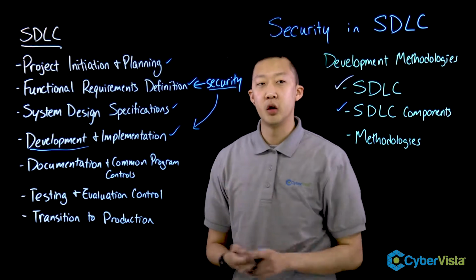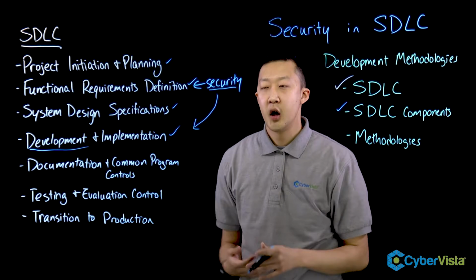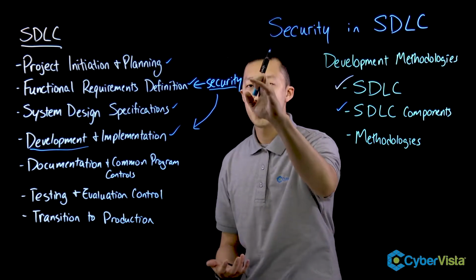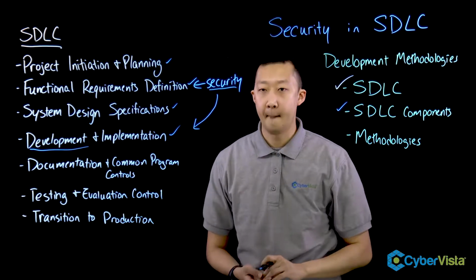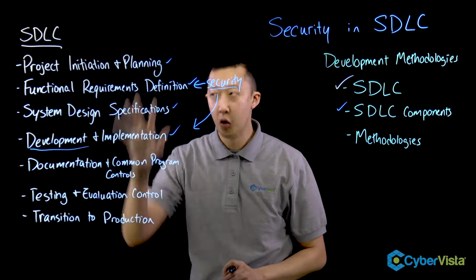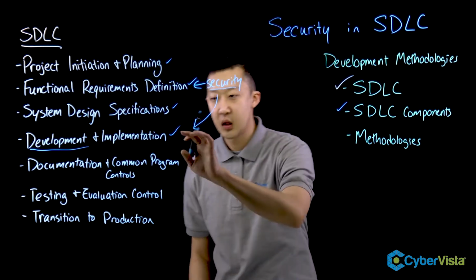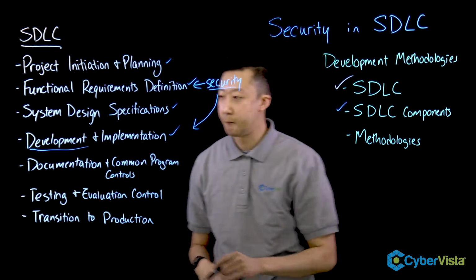And this is where you really want to make sure that when you're developing this code, you use security. You implement what you outlined in the previous steps, and you implement it here. Okay? So remember, security should be throughout this whole life cycle, but this is essentially where you implement the security into the coding.